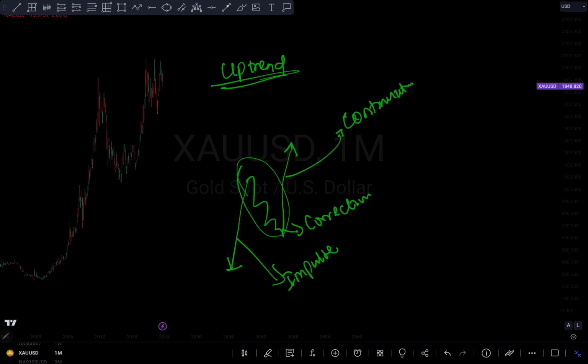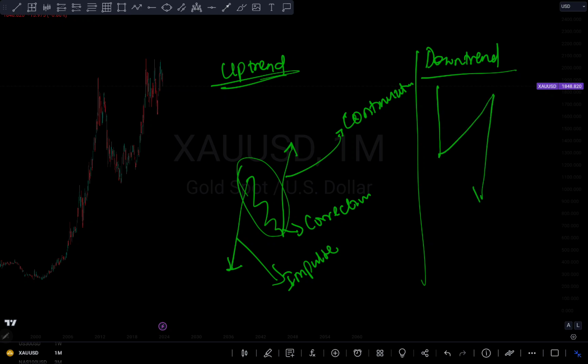This is for an uptrend. For a downtrend, the impulse comes from up, something like this and like this. So this is the impulse here, this is the correction here, and this is the continuation here.